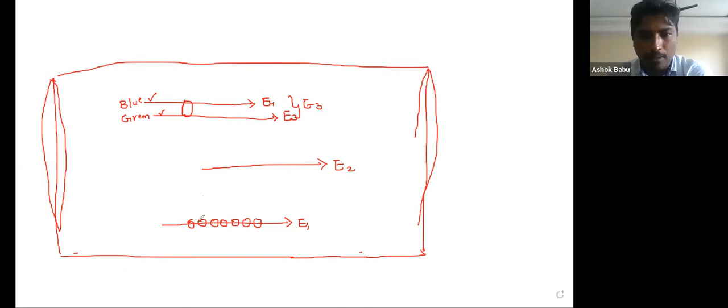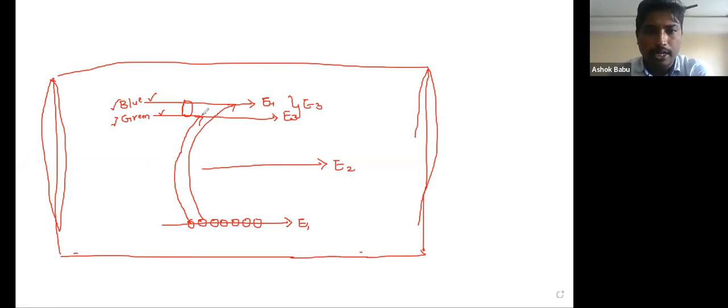From the flash lamp, only green and blue wavelengths are absorbed by the chromium particles in the ground state and excited to the higher energy states E3 and E4.